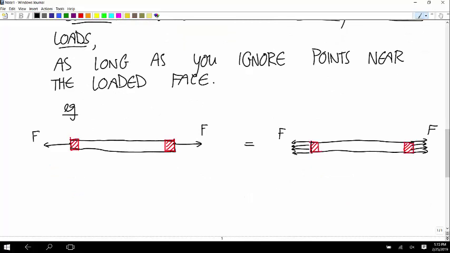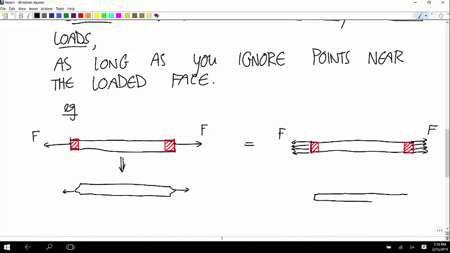Well, if you think about what would happen in these different cases, this is a pretty exaggerated deformation, but if you're applying these forces at single points, you're going to get this weird deformation here where that single point is stretched out more than the other points.